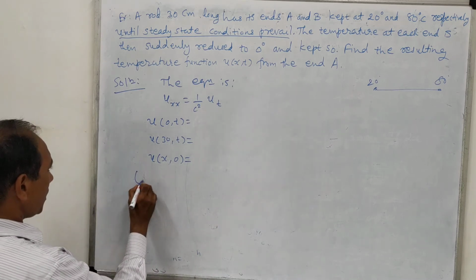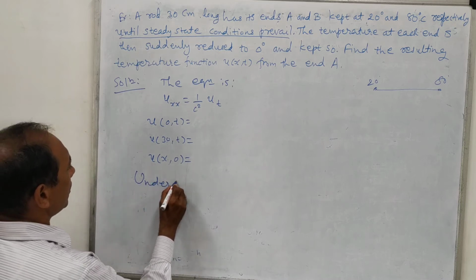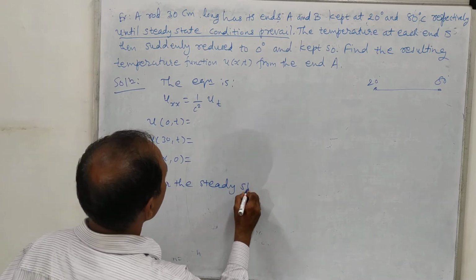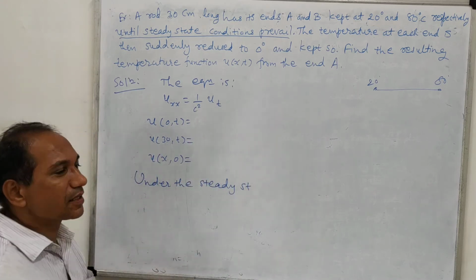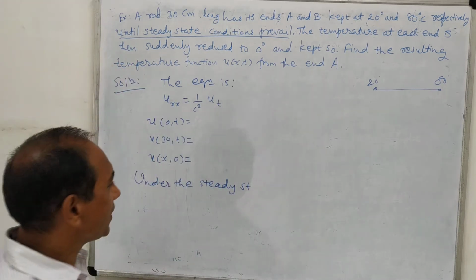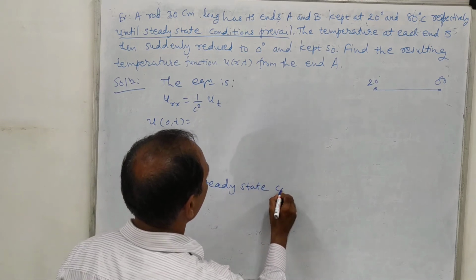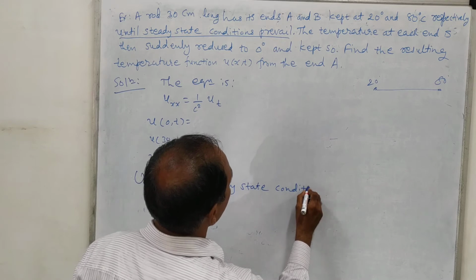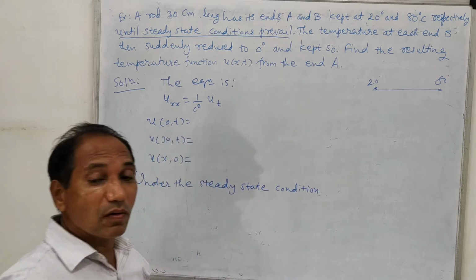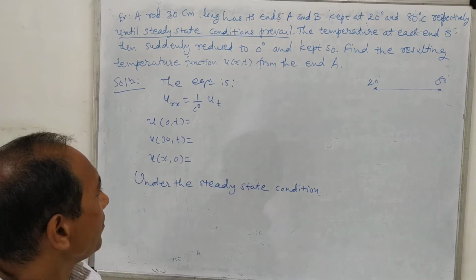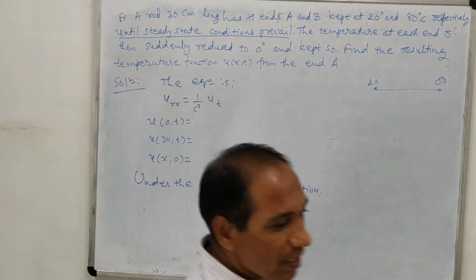So under the steady state condition, once you come to know about these three conditions, the solution becomes very simple, as we discussed in the theoretical part. Under the steady state condition, there is no rate of change in temperature with respect to time, because we have not started the time.